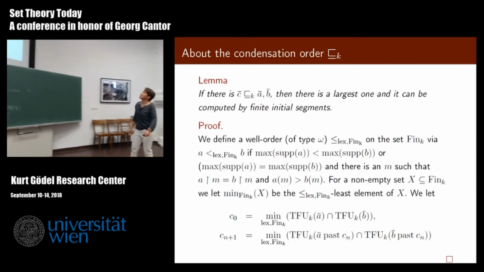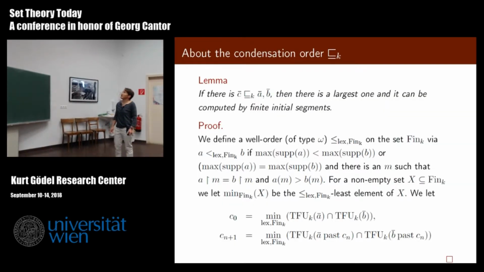And this condensation order has a funny phenomenon. I don't get any use out of it. It just says here, if 2 conditions are compatible, then there's even a weakest one witnessing the compatibility.